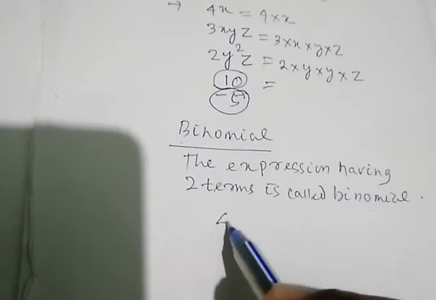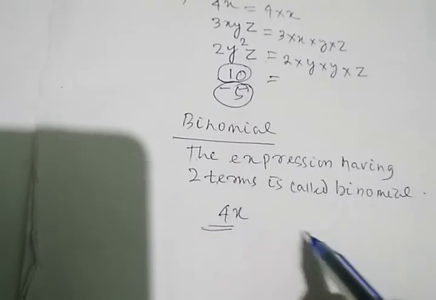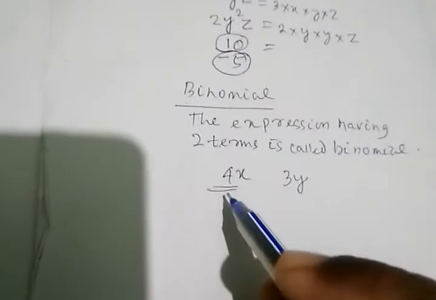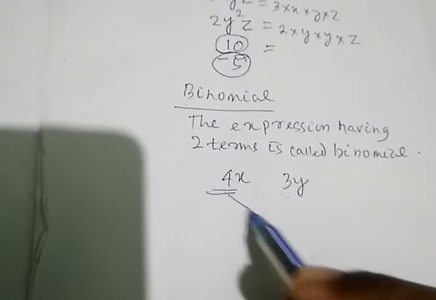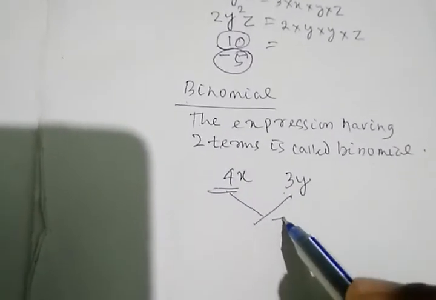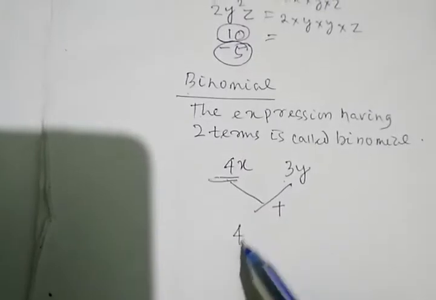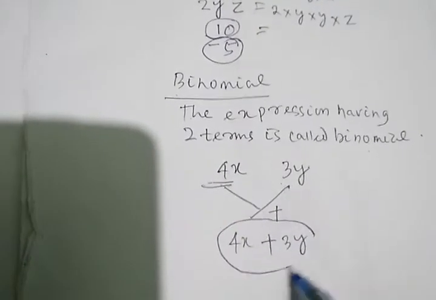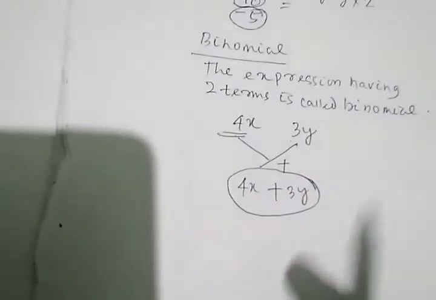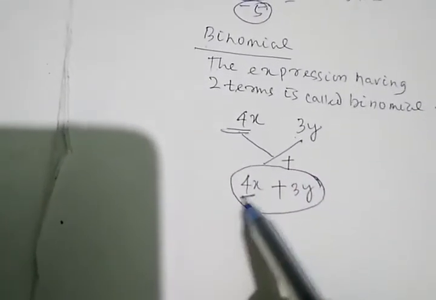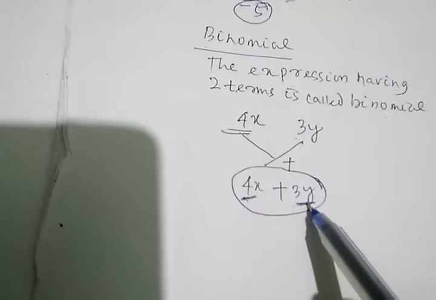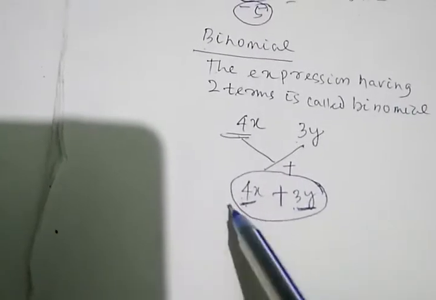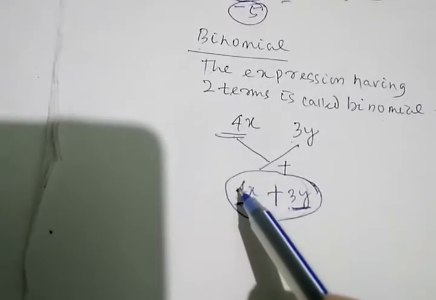Suppose I take one term 4x and another term 3y. I combine these two terms with a plus symbol. What is formed here? 4x plus 3y. Now this is a binomial. It consists of two monomials. This is one monomial, and this is another monomial. So these two monomials are added to form a binomial.